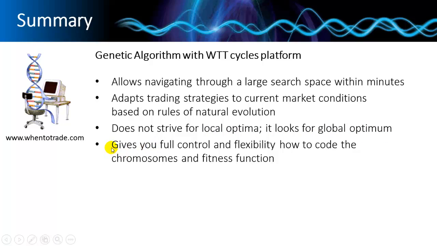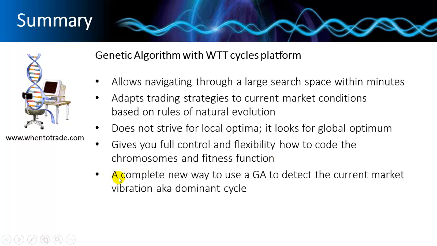In addition to that, the way it is implemented, it gives you full control and flexibility on how to code the chromosome and fitness function on your own. You will get a completely new way to use the genetic algorithm to detect the current market vibration, which is also called the dominant market cycle.